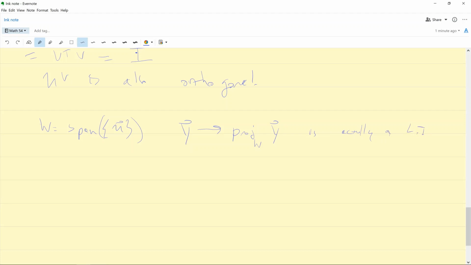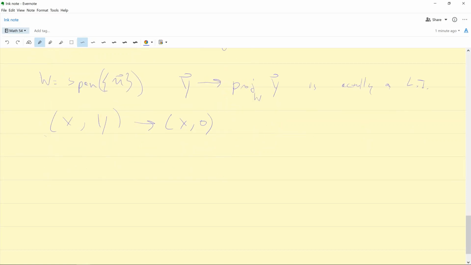I want to bring this up because a lot of times earlier, when we were talking about kernels, image spaces, and column spaces, I mentioned linear transformations like, oh, you take x, y and map it to x, 0, for example, where you would take some vector and send it to just its x coordinate, right?